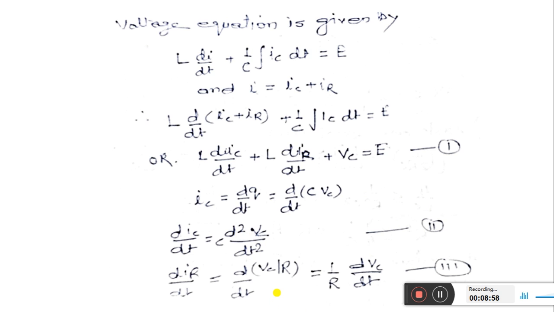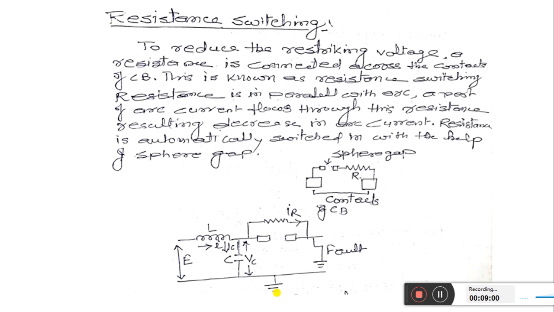Now what is the IR? Just see in the circuit diagram. This IR will be nothing but the voltage applied across these contacts divided by resistance.